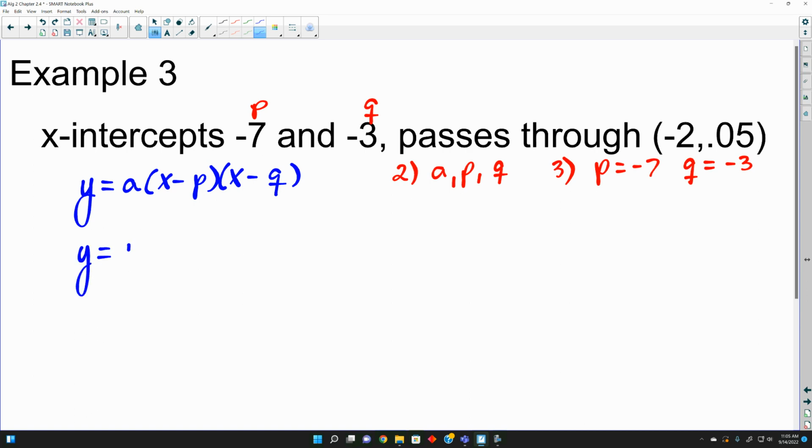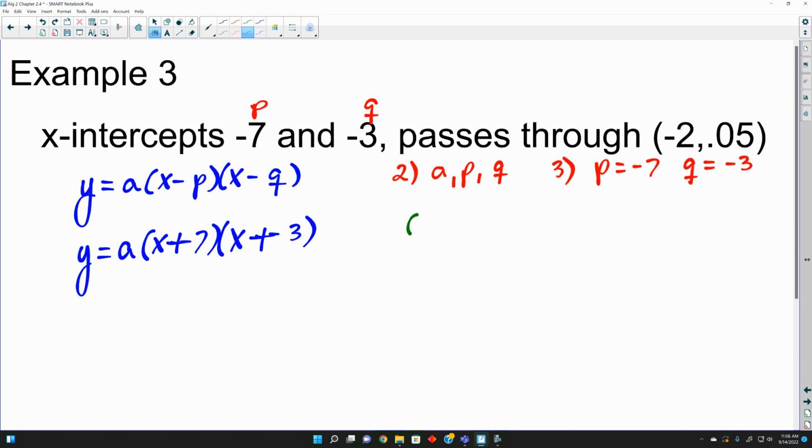So y is equal to A times (x minus -7) times (x minus -3), which becomes (x plus 7) times (x plus 3), because our minus and negative change to a positive. So the only thing we have left to plug in is A, and we need to solve for it. So we're going to use the point it passes through to find the value of A.